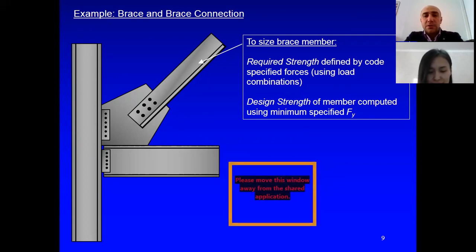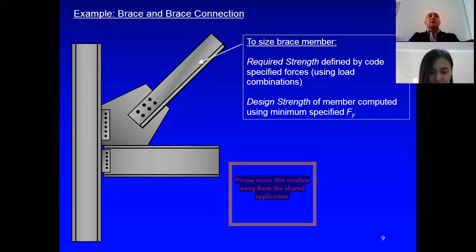So the brace is the fuse, the member that is designed to yield in the event of an earthquake.